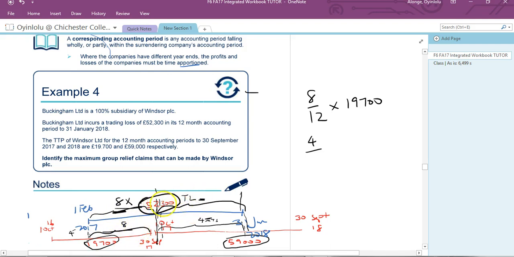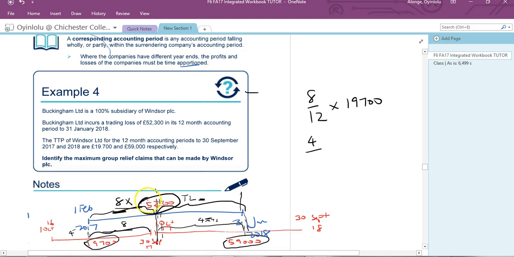I don't have the bandwidth and time is going, but what I'm trying to drive home is this question of correspondence and corresponding periods. They must correspond for you to decide what can be claimed. It's not about totals, it's about corresponding.